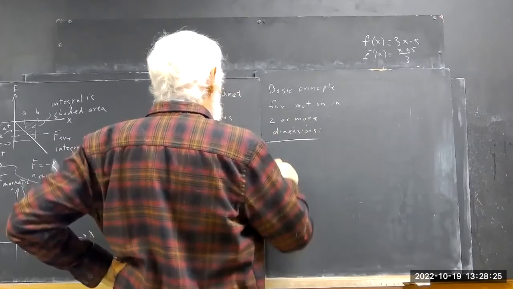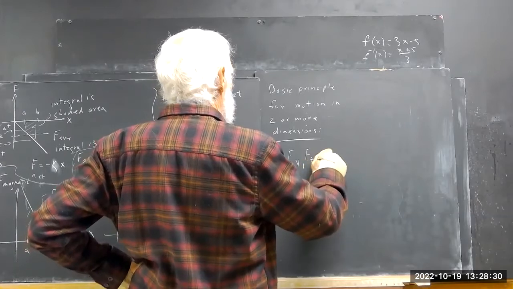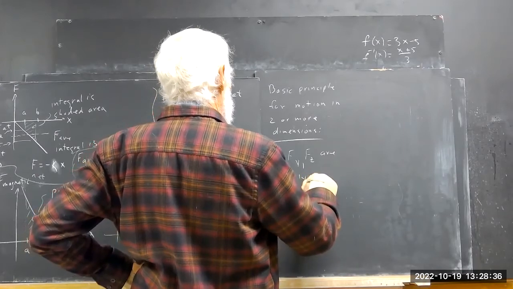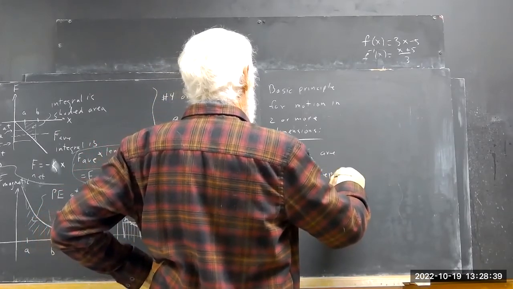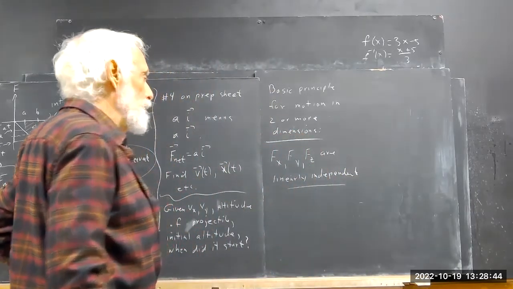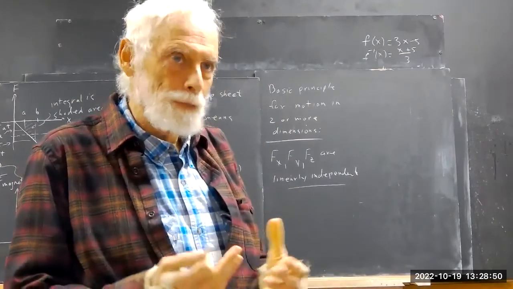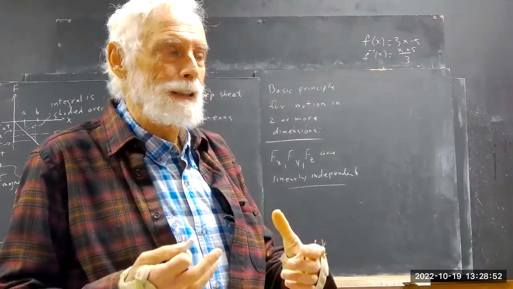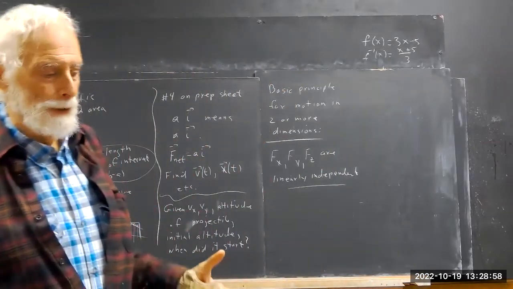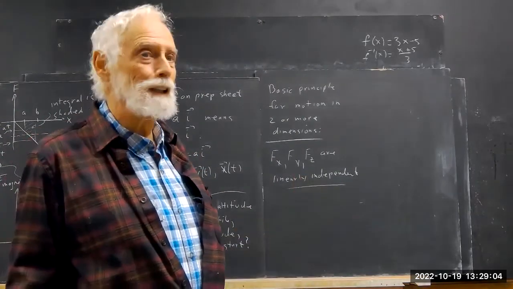Motion in two or more dimensions. Fx, Fy, and Fz are linearly independent, meaning that the forces in none of these directions have any direct influence on the forces in the other directions. It, of course, means then that your force is a vector quantity. The basis is ijk.